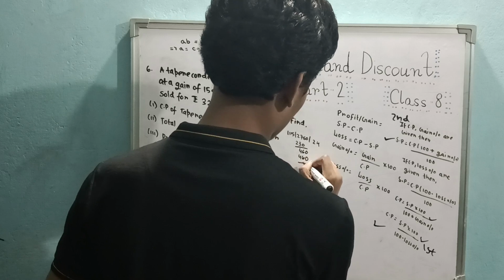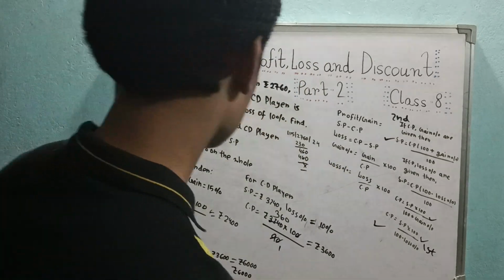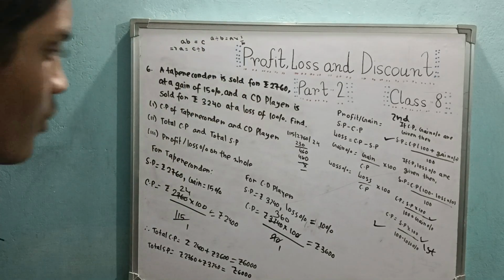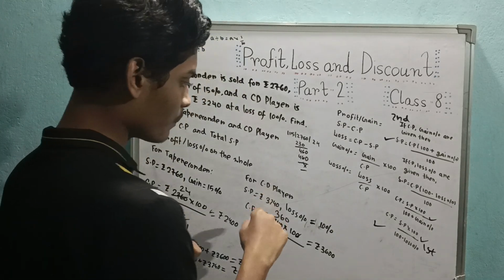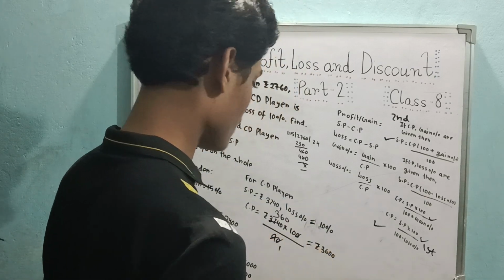Yeah, it's that only, 24 into 100, 2400. And for the CD player, SP is 3240 and the loss percent is 10%. CP equal to SP into 100 by 100 minus loss percent, 100 minus 10, 90.